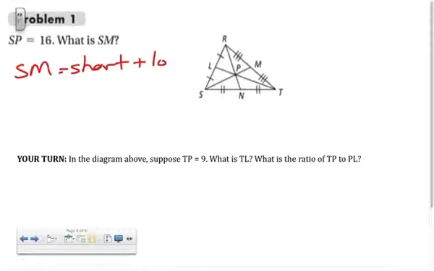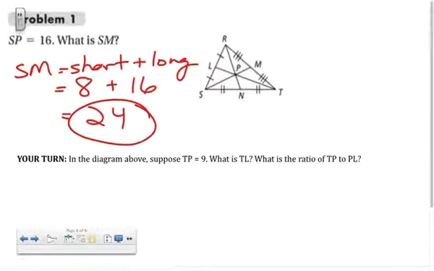Well, we just identified that SP is the long part. Tell me what the short part's going to equal. 8. Okay, so 8 plus 16 is 24, if my screen ever catches up. There it is. Take a moment, work through the your turn for problem 1.